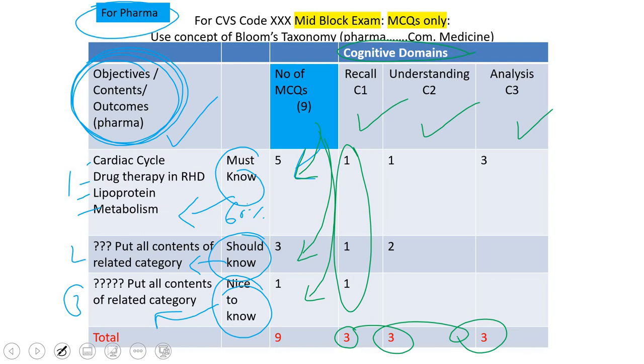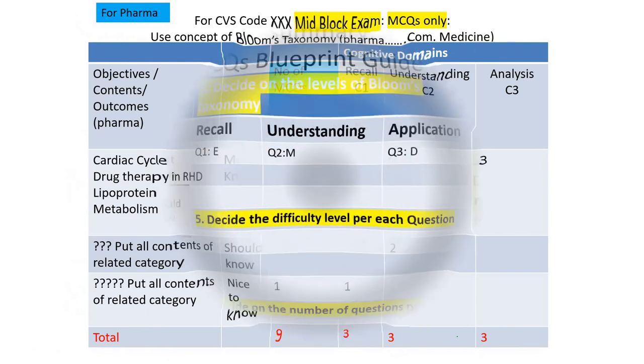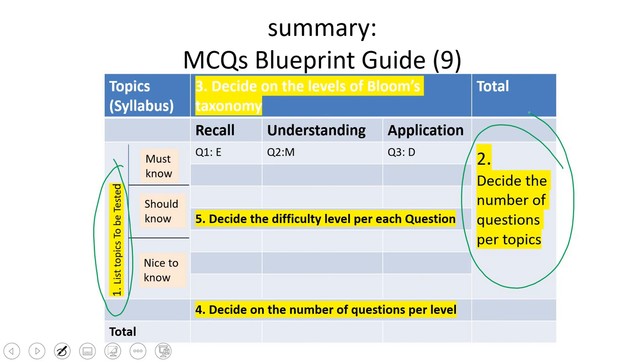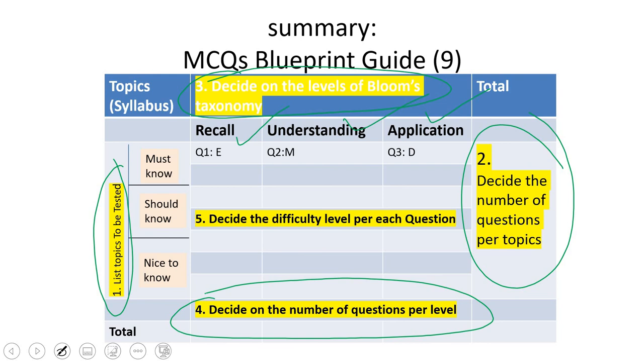So what is important to understand, in summary, in the MCQ blueprint? The first step is to list the topics to be tested. The second step is to decide the number of questions per topic. The third is to decide the level of Bloom's taxonomy, like recall, understanding, application. The fourth is to decide the number of questions per level.